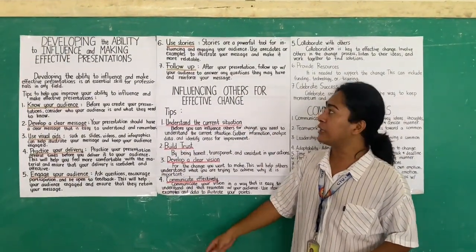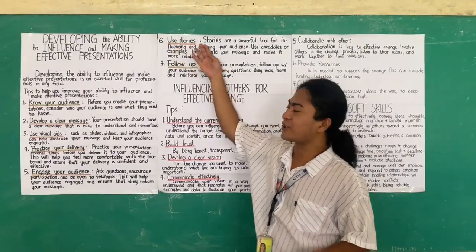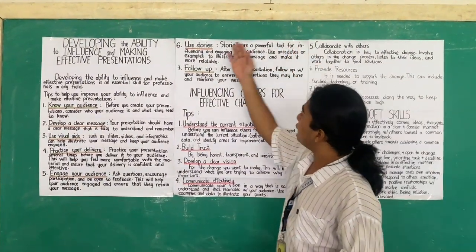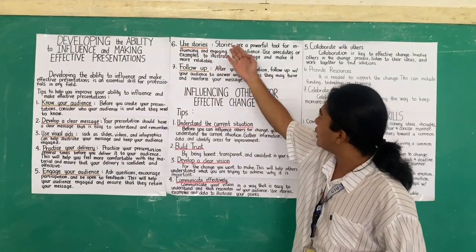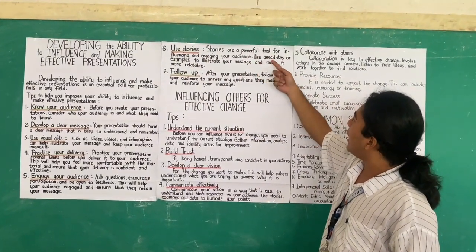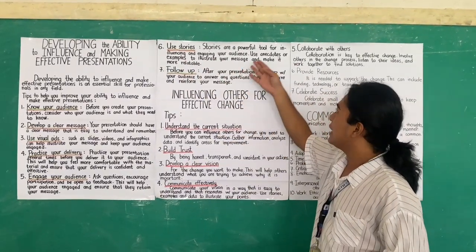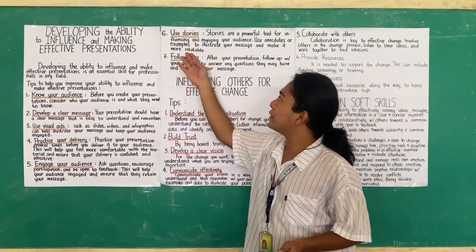here in front. The next one is use stories. Stories are a powerful tool for influencing and engaging your audience. Use anecdotes or examples to illustrate your message and make it more relatable.